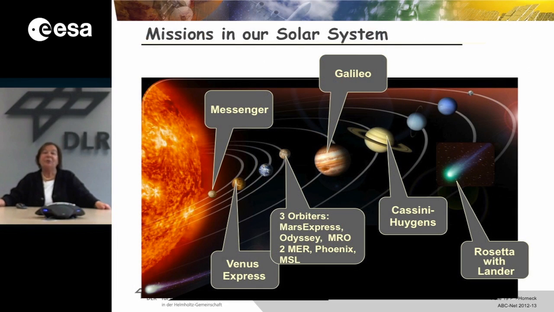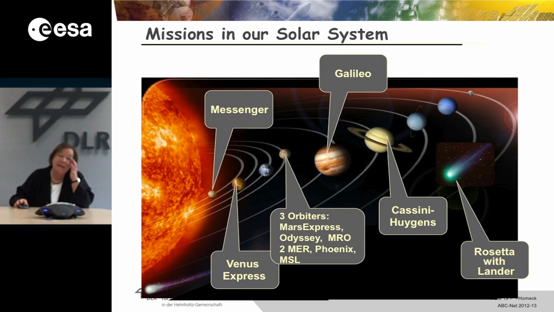So one has first to go into our solar system and search whether other planets provide conditions that are supportive for life. And I've here listed all the missions which are currently going to planets or moons or bodies in our solar system. So we have a mission to Mercury, the Messenger mission.